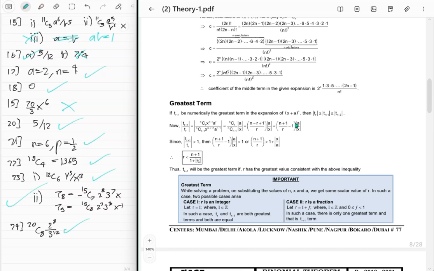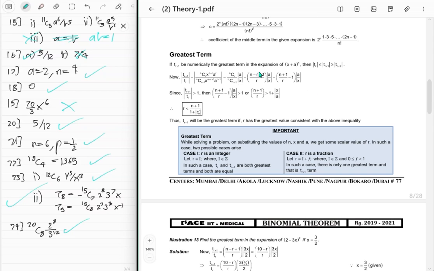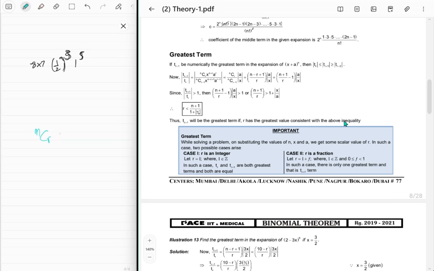Greatest term in the expansion. Exactly, this thing is kind of important, so let's read what they are saying. Usually what happens is that it starts increasing, and at one point it decreases, right? If you think about it, it's nCr x power r, or it should be a power n minus r and then x power r, something like that.